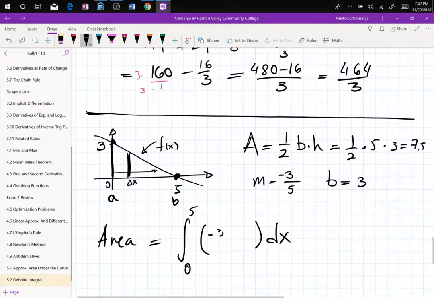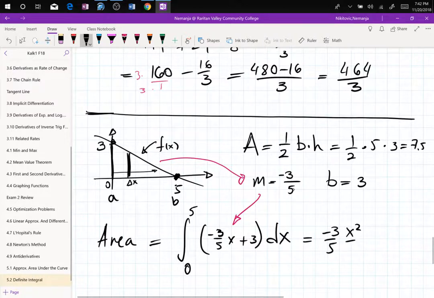So, negative 3/5 x plus 3. Very simple. That's our function. So we now integrate this. This will be negative 3/5, a constant, and then x squared over 2 plus 3x from 0 to 5.